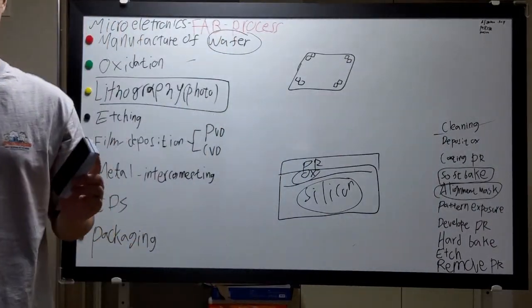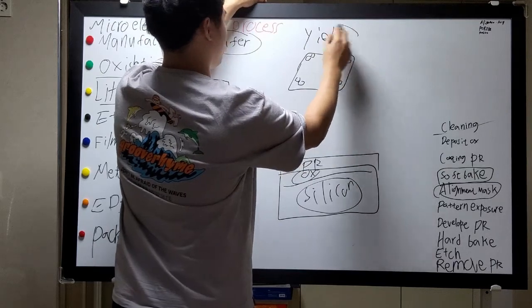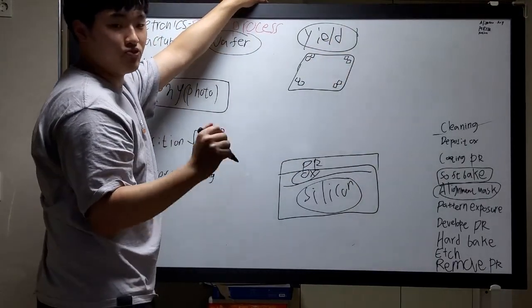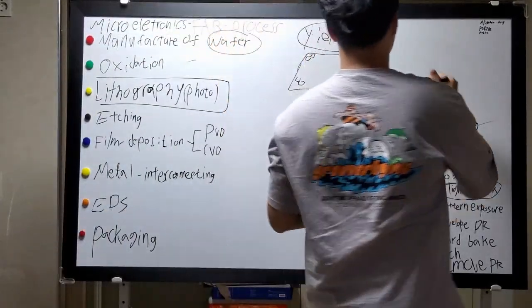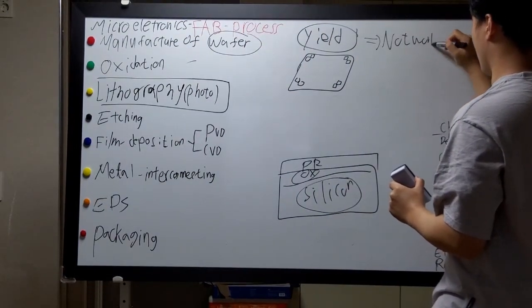It means the die is poor, and it does not work as intended.